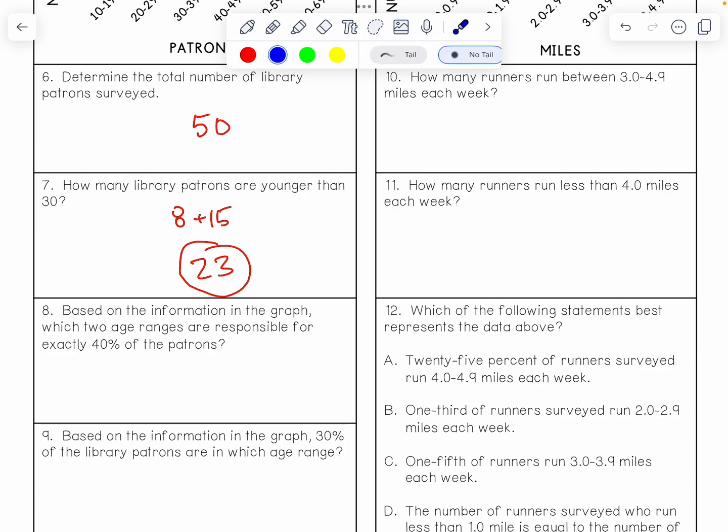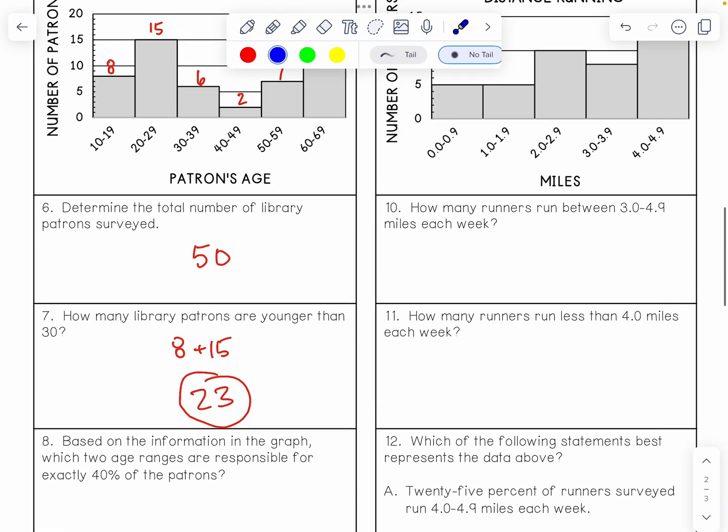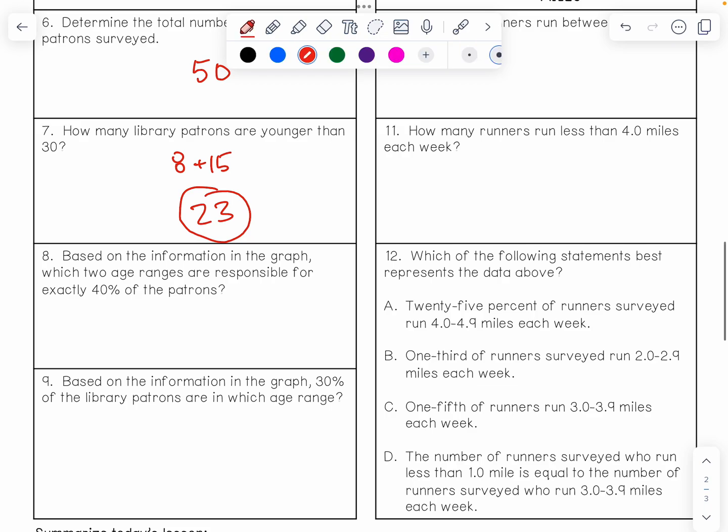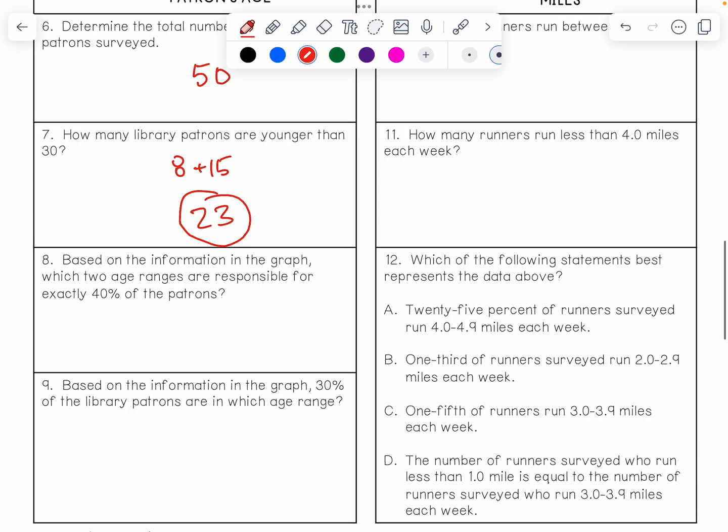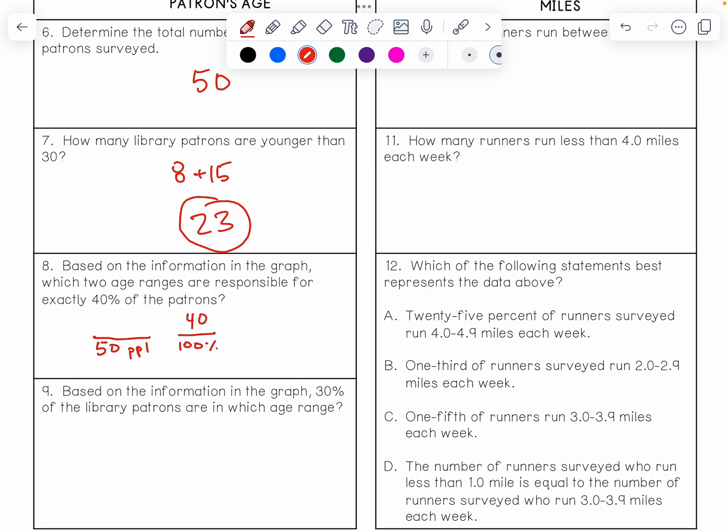Based off of the information in the graph, which 2 age ranges are responsible for exactly 40% of the patrons? So 40% of the patrons, so let's think. Let's use a proportion for this. There are 50 people total, right? That's 100% of the people in the survey. So we've got to figure out what is 40%.